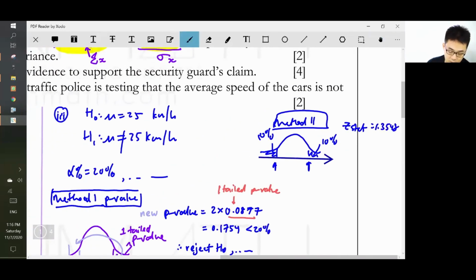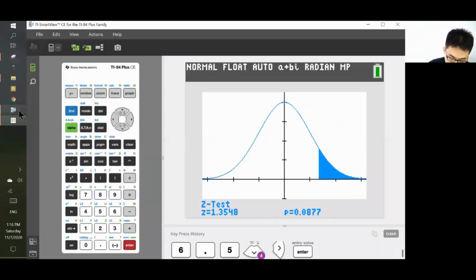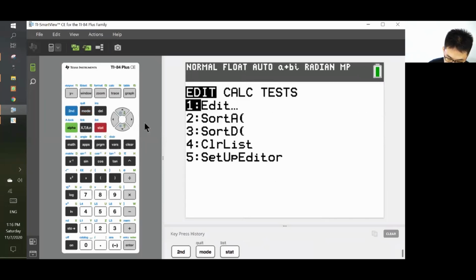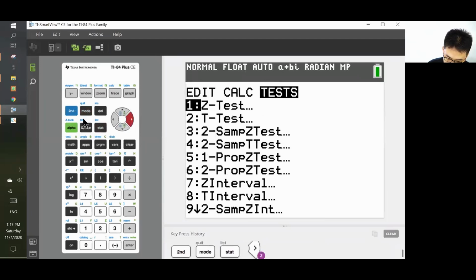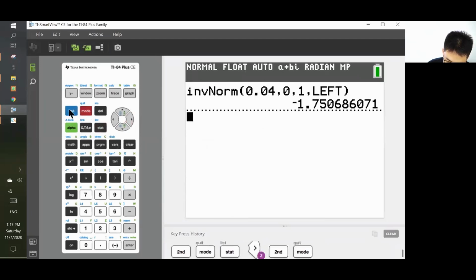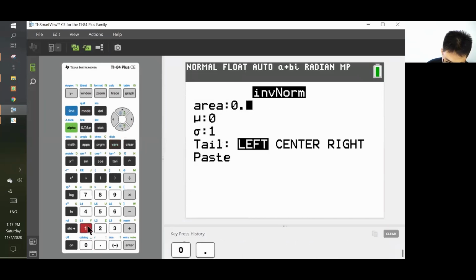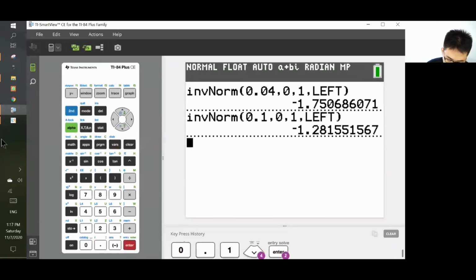Then you just use GC to find this boundary, distribution, inverse norm. It gives 1.281.